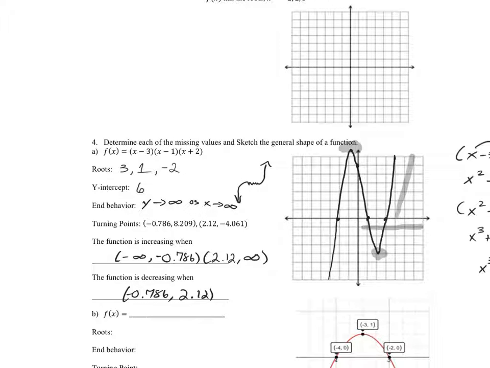Now let's look at when x is approaching negative infinity. As x approaches negative infinity, y is also approaching negative infinity. So we would write, as x approaches negative infinity, y also approaches negative infinity.